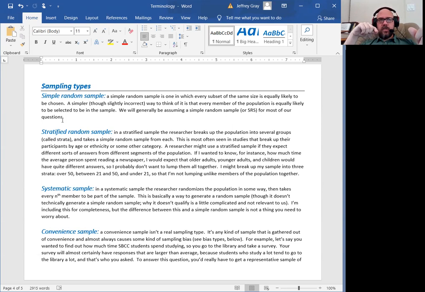A lot of the time, your population might have some subgroups in it that you want to learn about. My example here on the sheet is that, let's say I was doing some work for a newspaper trade association, and I want to know how much time people spend reading newspapers.